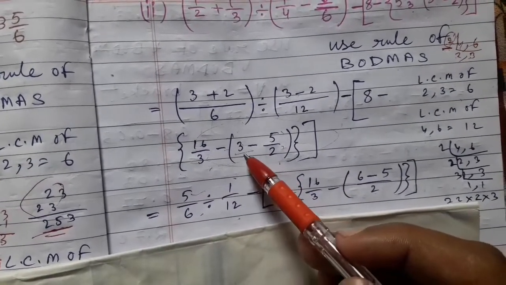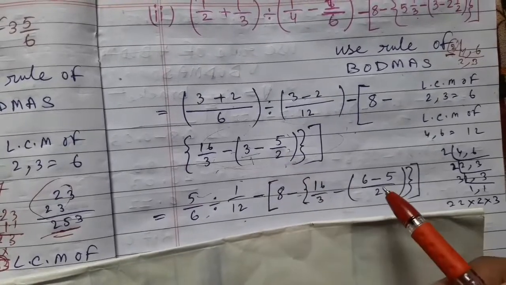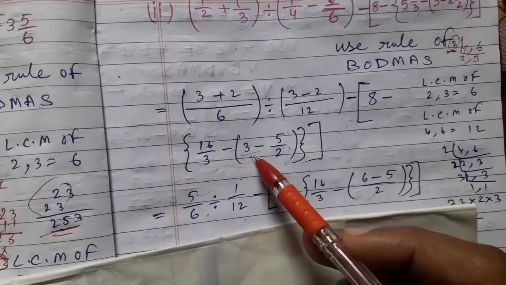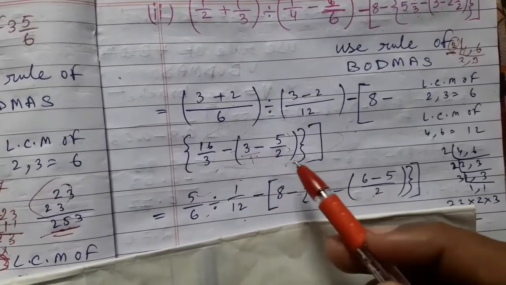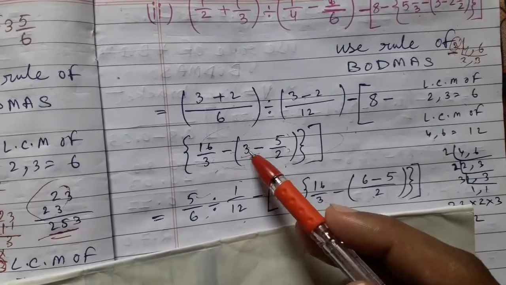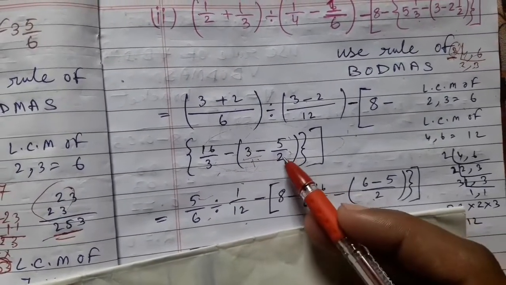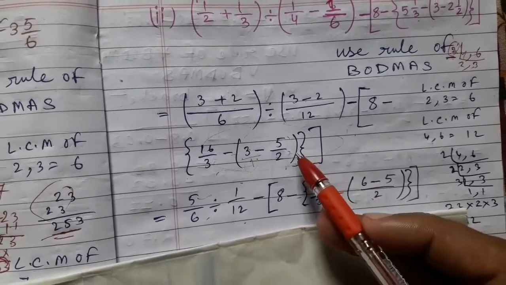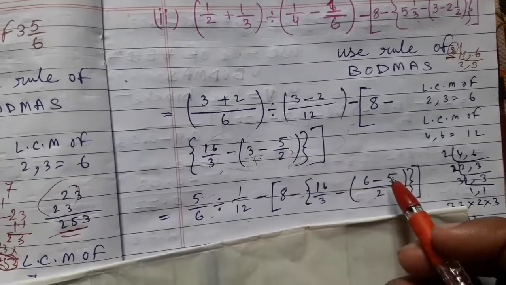There is a denominator 1 2 and 1, and the LCM is 2. That means for 2 we have to multiply: 3 2s are 6 minus 2 1s are 2, that means 1 5s are 5. Clear?